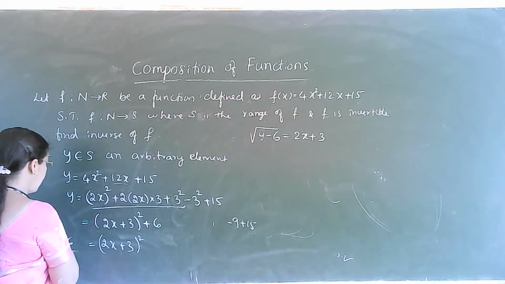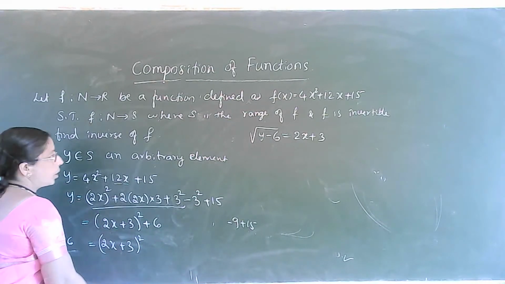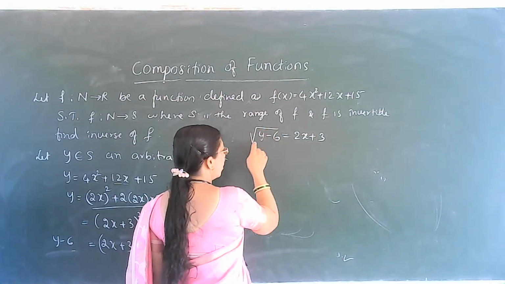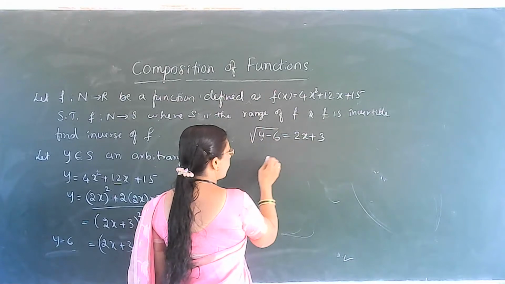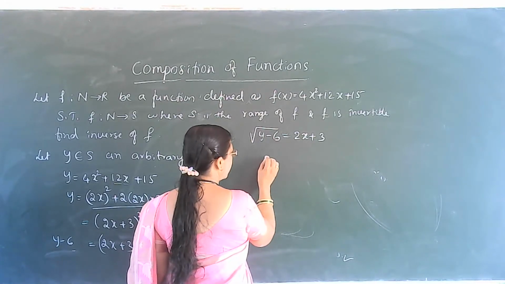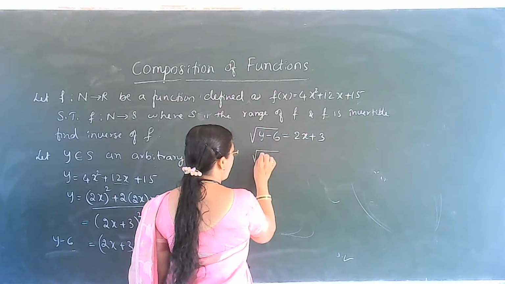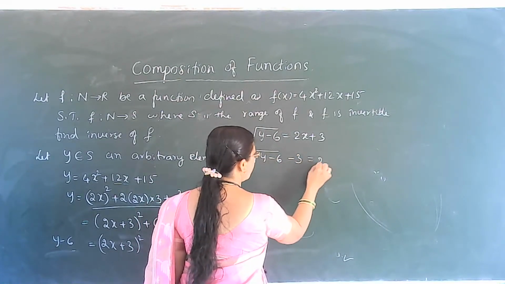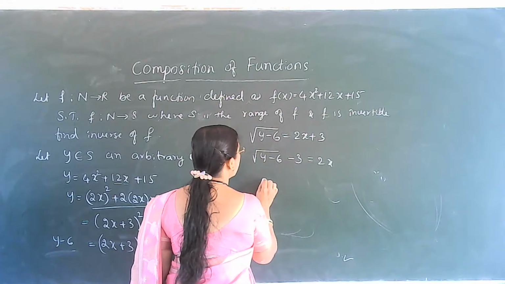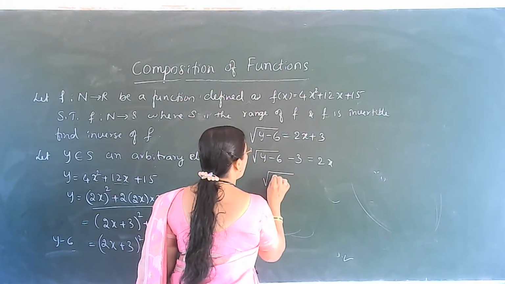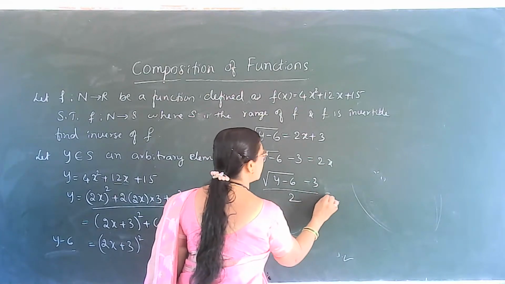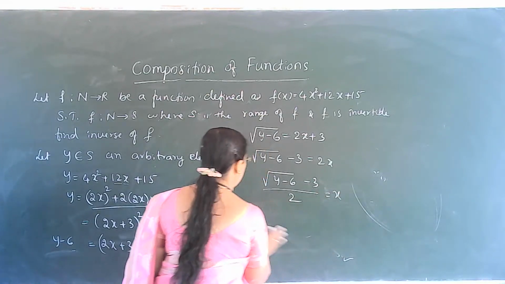Here 6 goes to this side, then we take the square root on both sides, getting root of y minus 6 equal to 2x plus 3. Then root of y minus 6 minus 3 is equal to 2x, then root of y minus 6 minus 3 divided by 2 is equal to x.